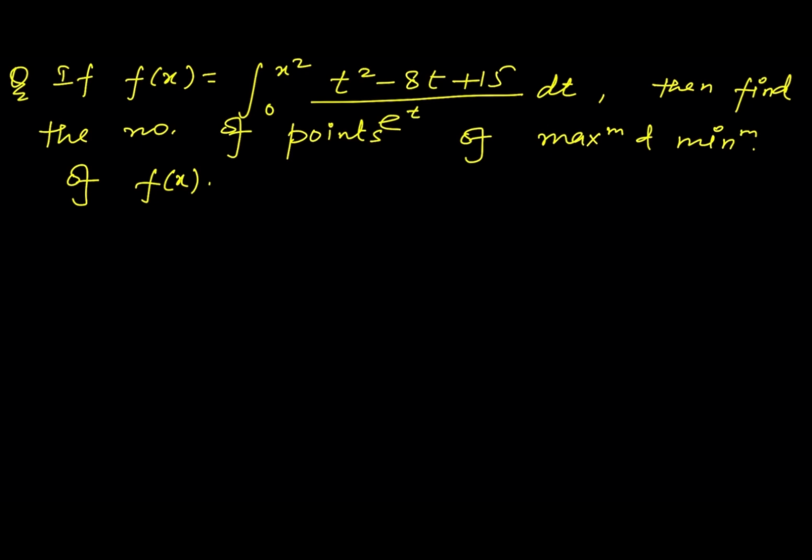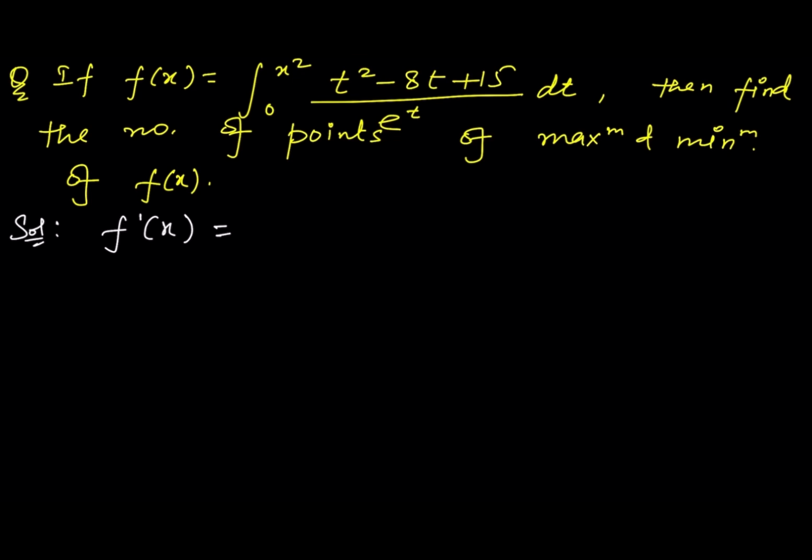So, children, for finding points of maxima and minima, what do we have to do? We have to differentiate f(x). In this particular question, differentiation will be done through the Newton-Leibniz theorem.